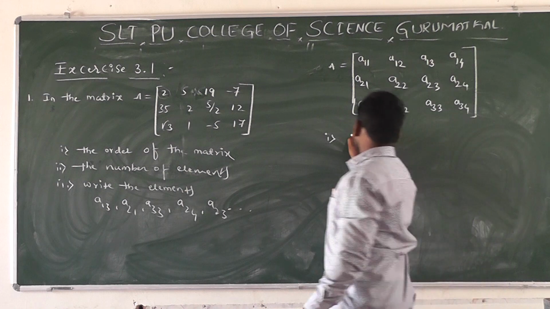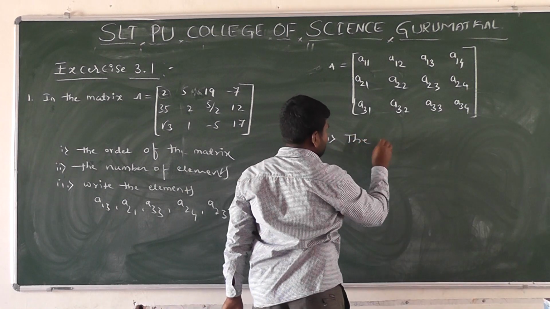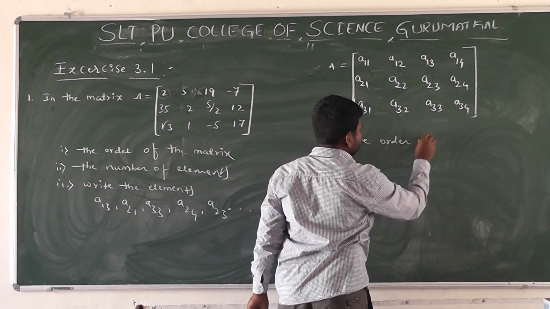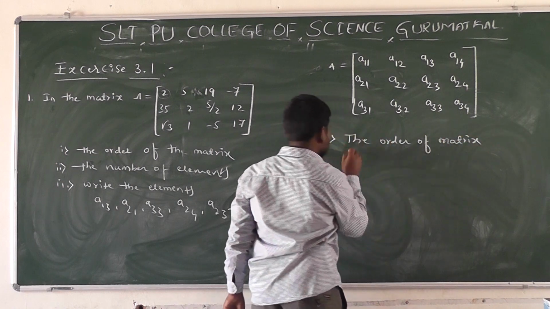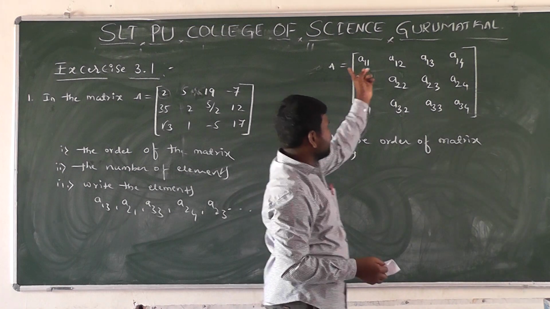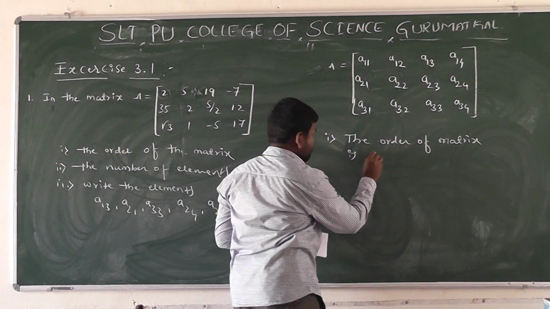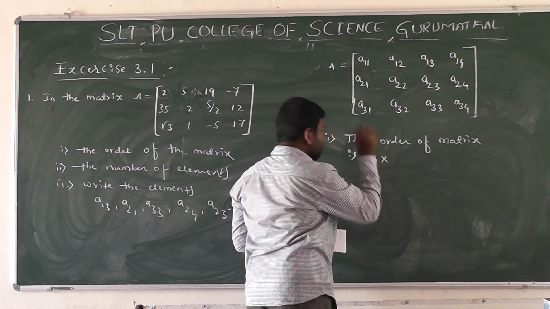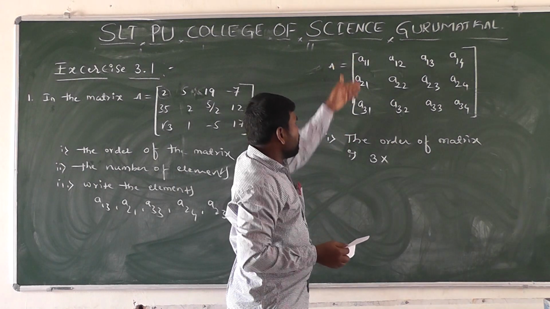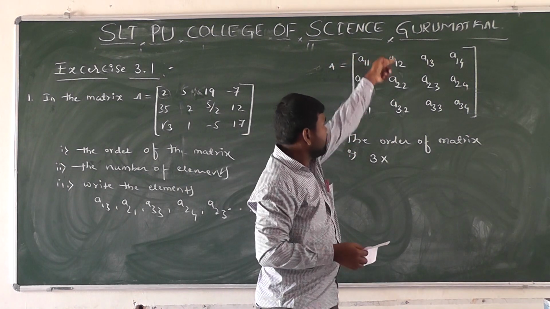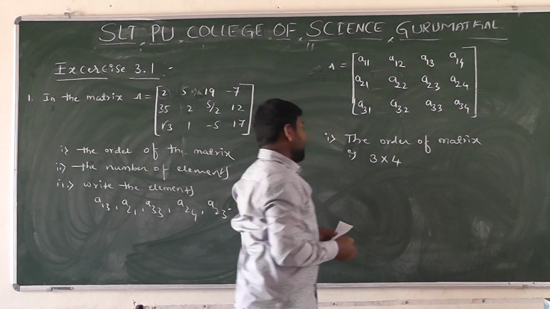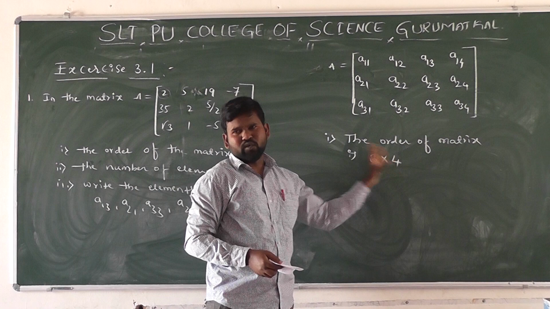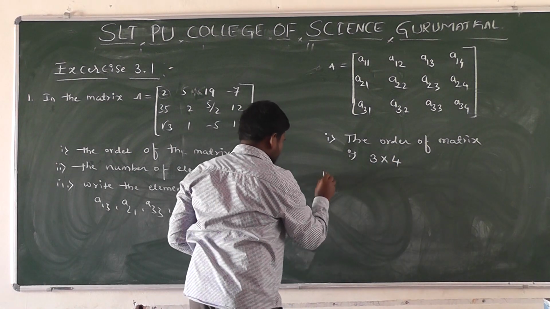There are 3 rows. Then how many columns here? First column, second column, third column, fourth column. The order of the matrix is 3 cross 4.